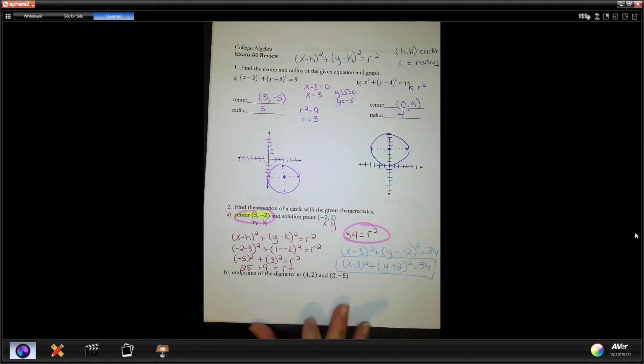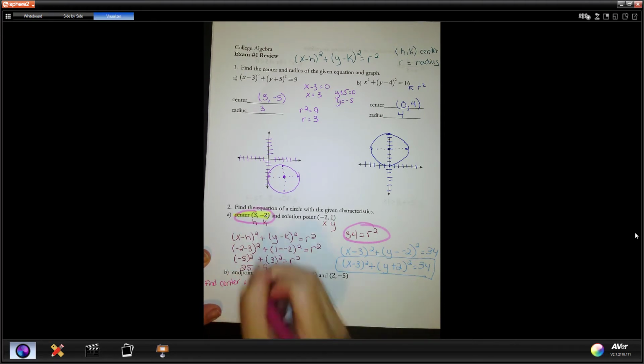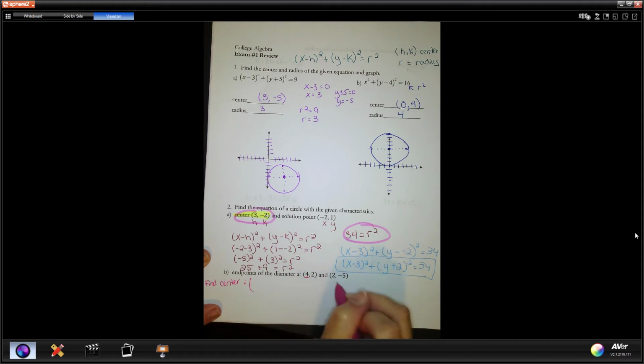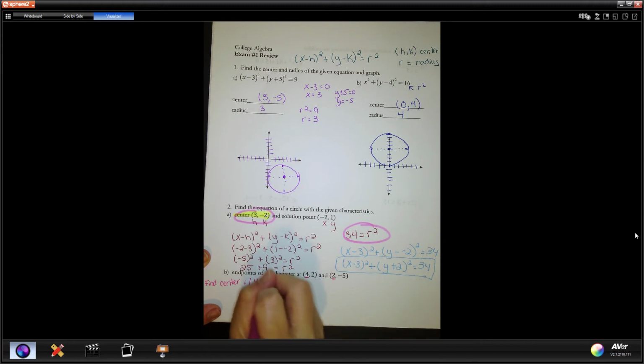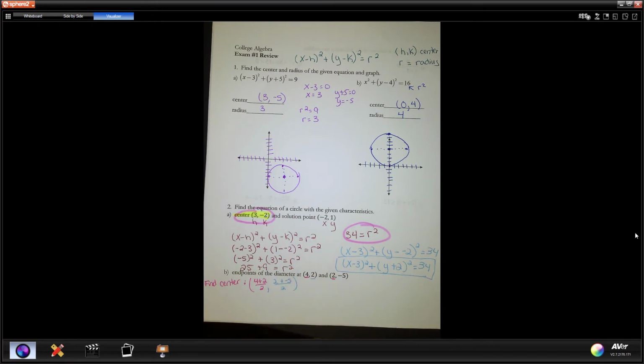Part B is a little trickier because we're talking about the endpoints of the diameter. In order to do this, we first must find the center, and we're going to find the center using our midpoint formula. So we're going to go (4 plus 2) divided by 2, comma, (2 plus negative 5) divided by 2.